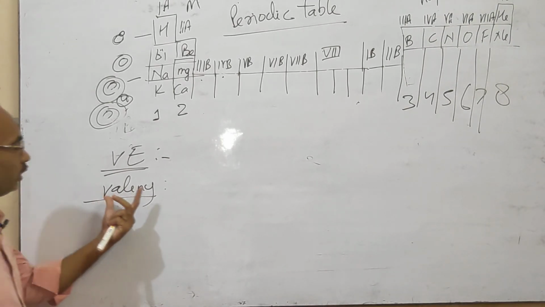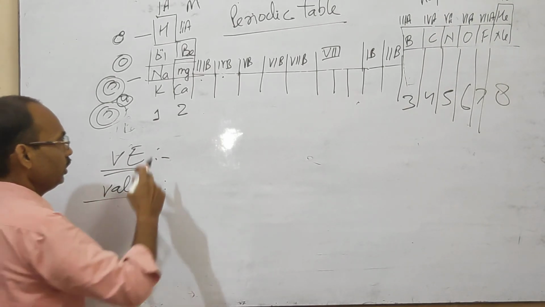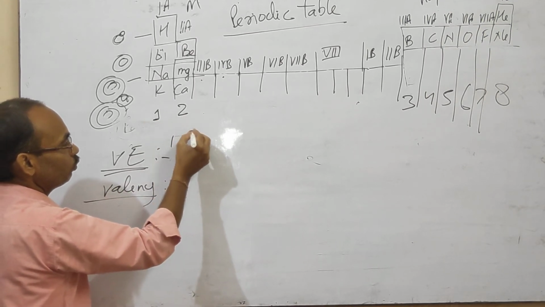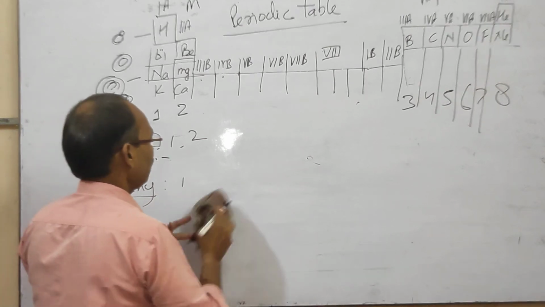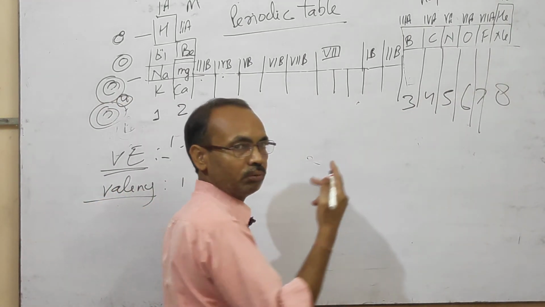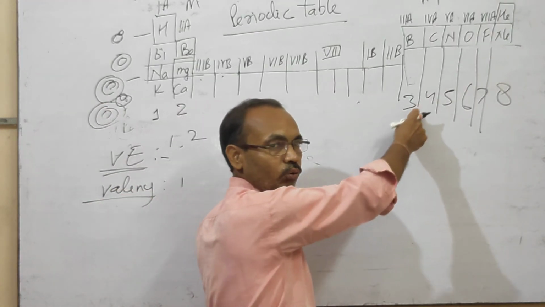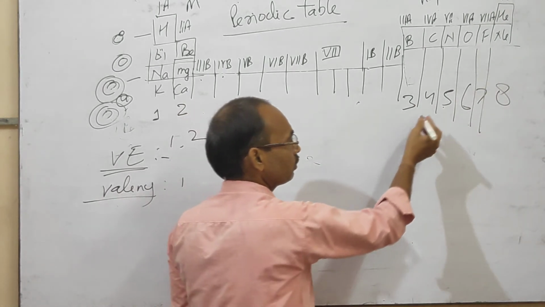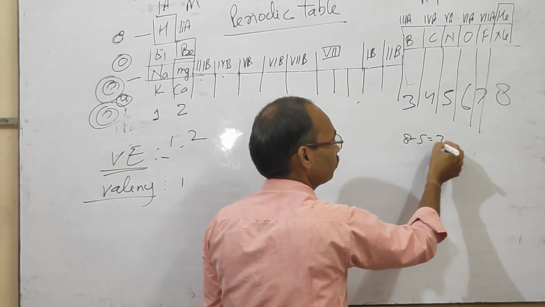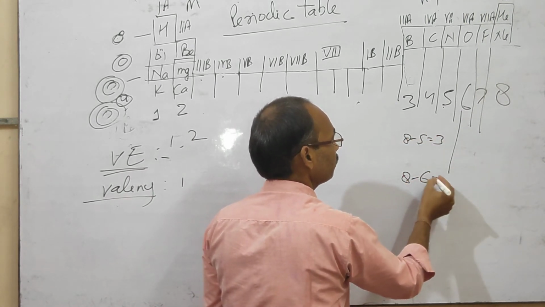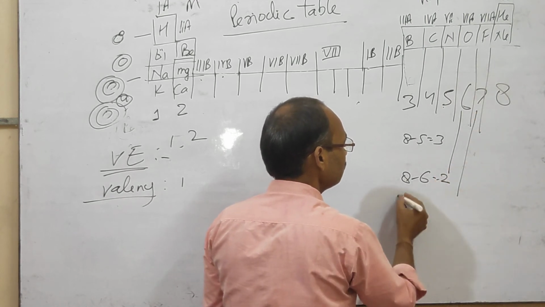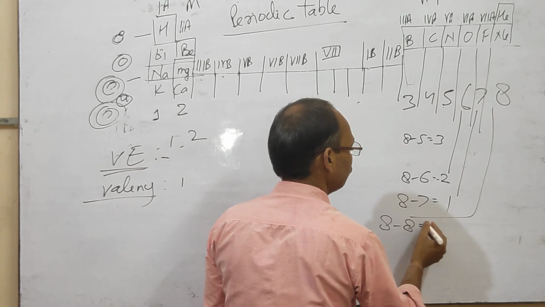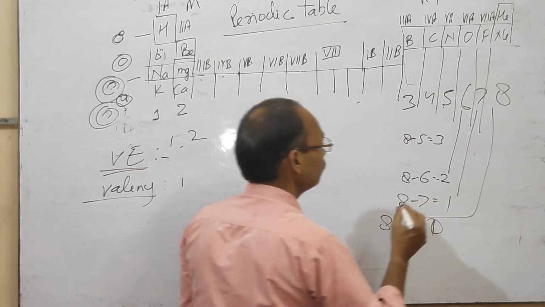How is valency affected? If valence electrons are 1, then valency is 1. If 2, then valency 2. If 3, then valency 3. If 4, then valency 4. But if 5, then valency is 8 minus 5, equal to 3. If 6, 8 minus 6 is equal to 2. If 7, 8 minus 7 is equal to 1. And if 8, 8 minus 8 is equal to 0.